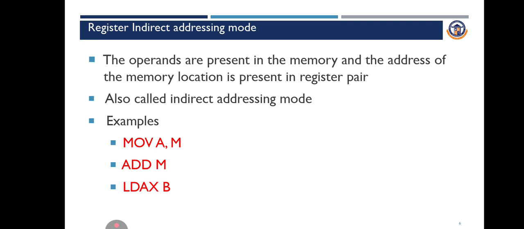The content of the memory location pointed to by HL will move to A. In ADD M, the accumulator will be added with M, that is the HL pair. And in LDAX B, the content at the address in the B pair is indirectly loaded to the accumulator.